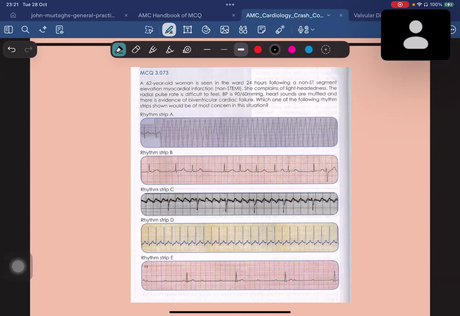The question would be different, and the answers would obviously be different, but you're not going to memorize from the handbook that this is the answer for this question. So once you see a picture, an ECG or something, you try to remember a little story or a little note behind that.